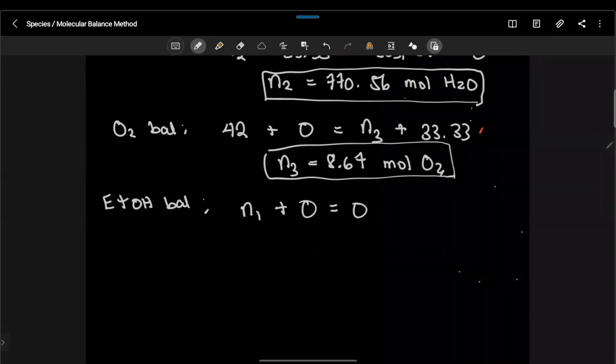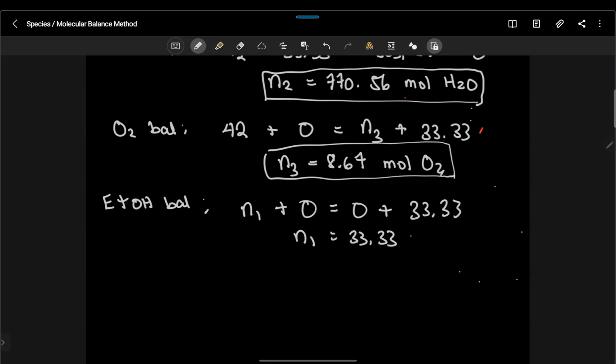Kasi nga, nag-assume tayo ng 100% completion. Not really assume kasi 100% completion dapat talaga kasi again, we are designing the process pa lang. Okay, so 0 siya. Plus consumption ni ethanol, meron, di ba? 33.33. So therefore, N1 is 33.33 moles of ethanol.